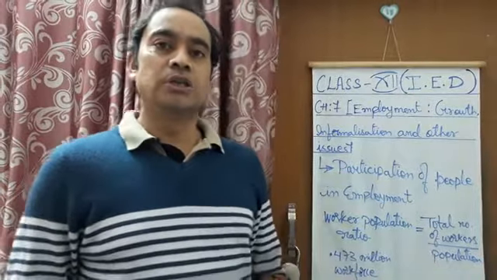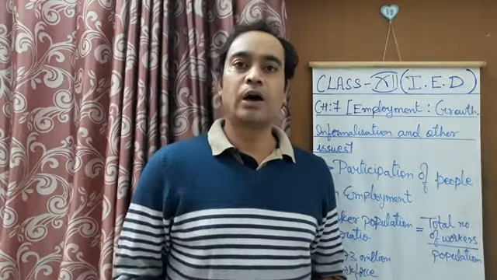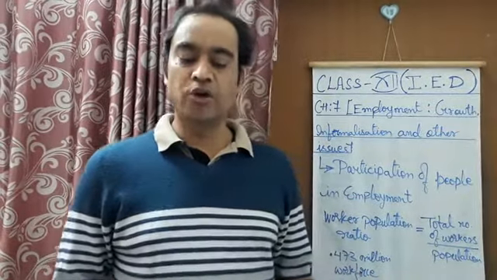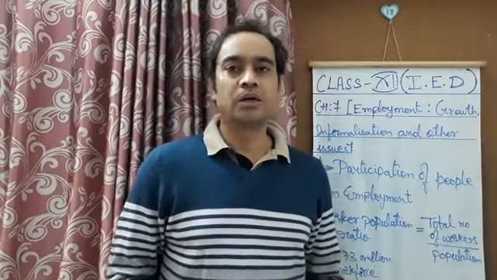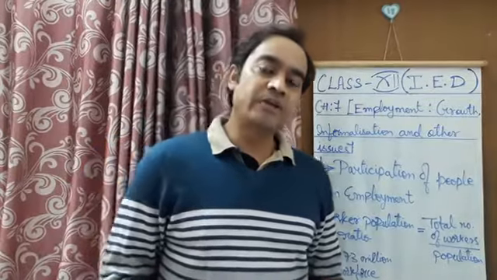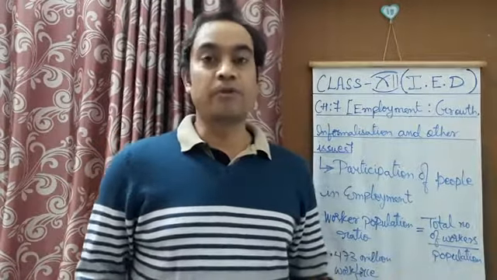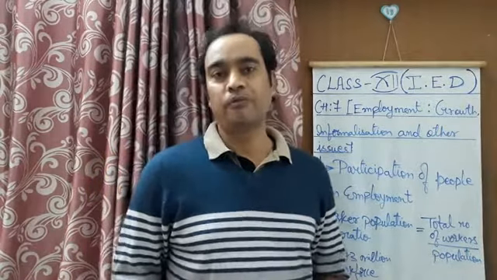So this worker population ratio is going to tell us how many people are engaged in economic activities. Remember, whenever people are performing economic activities, it means that they are going to earn money for that.